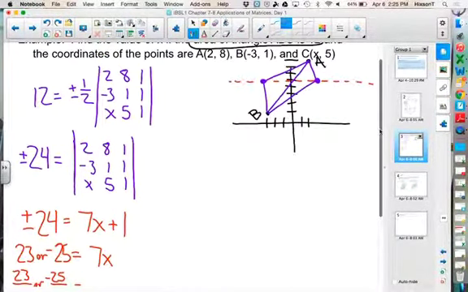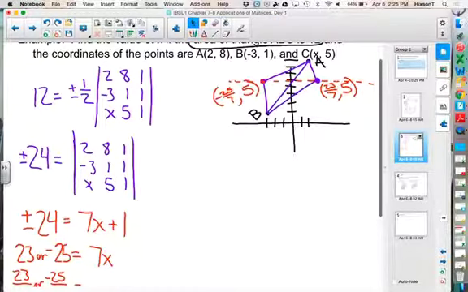So up here, this would be our negative 25 sevenths, or negative 3 and 4 sevenths, 5. Okay? This right here would be our positive 23 sevenths, 5. Okay? So we got our two possibilities.